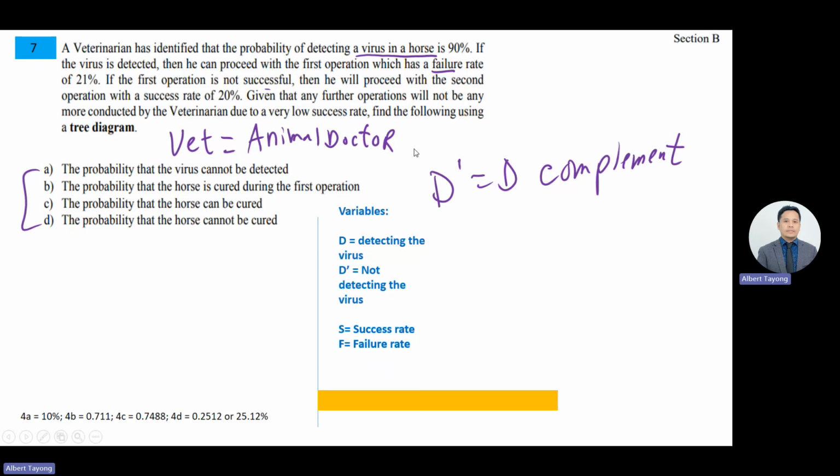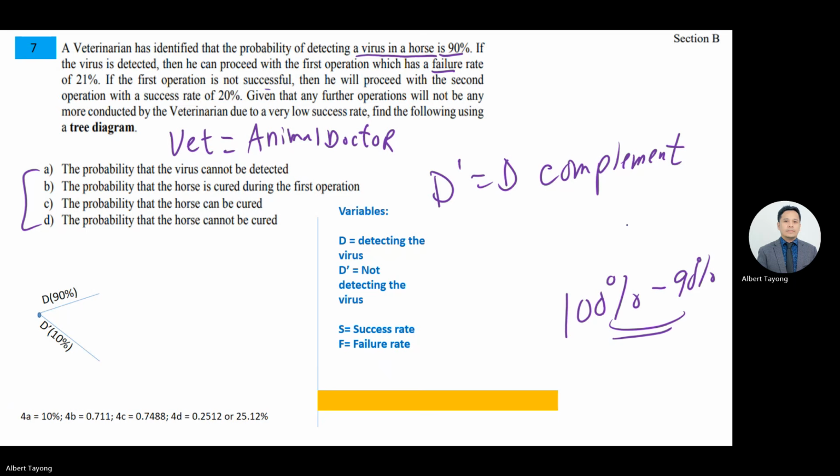Okay, so let's answer letter A, B, C, and D using a tree diagram. The first 2 branches will be about detecting the virus. It's given already here, 90%. So the opposite will be 10%, because we have 100% minus 90% using the complementation rule. Here, if the virus is detected, he's going to proceed with the first operation, which has a failure rate of 21%.